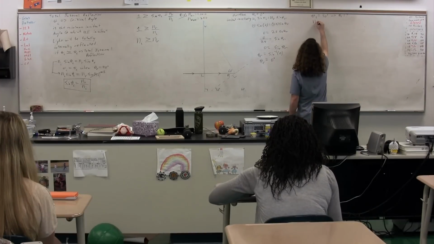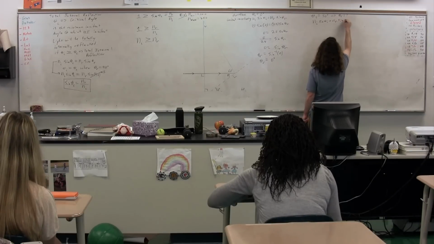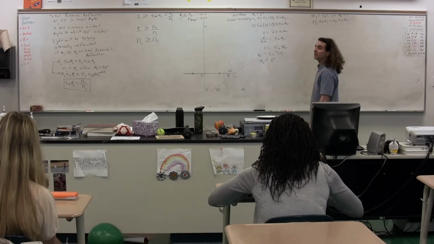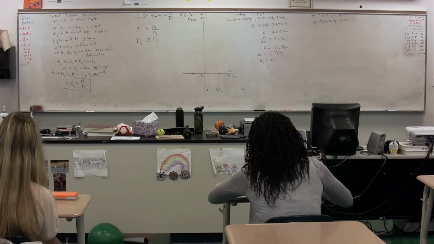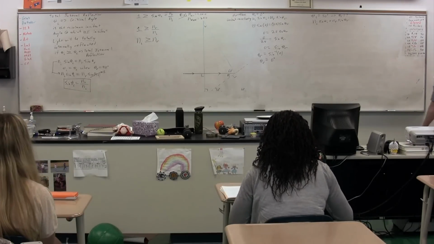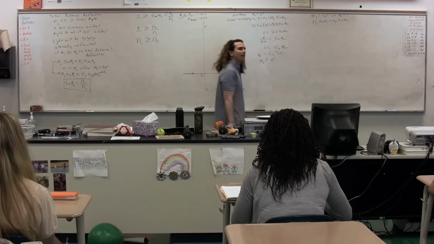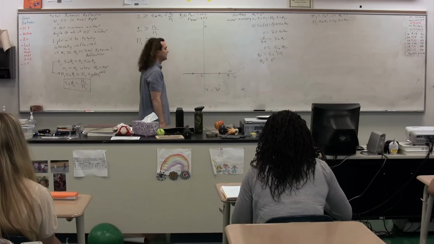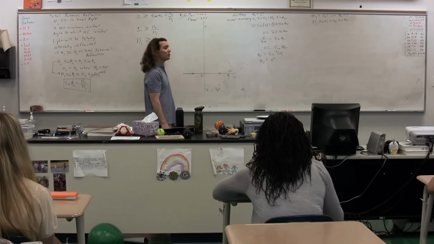Again, we have the incident index of refraction times the sine of the incident angle equals the refracted index of refraction times the sine of the refracted angle. Now, what in this case, Julia, are the incident and the refracting materials? They can't both be the same thing.